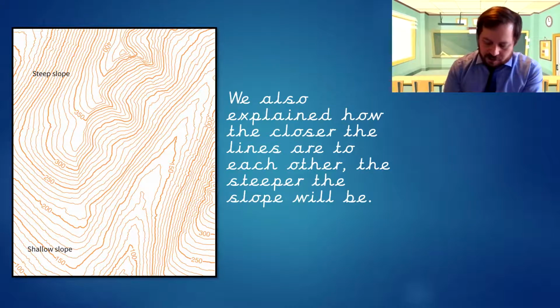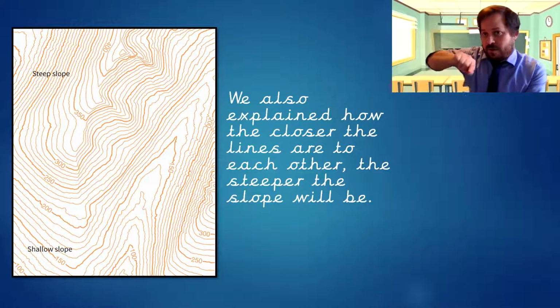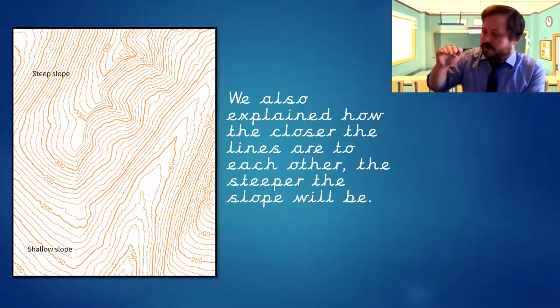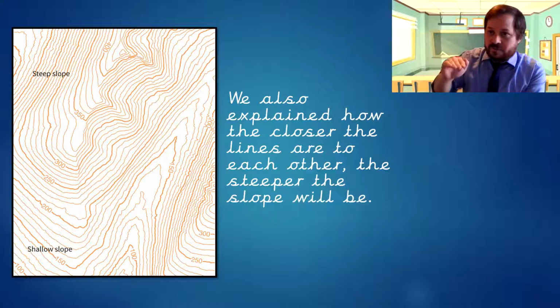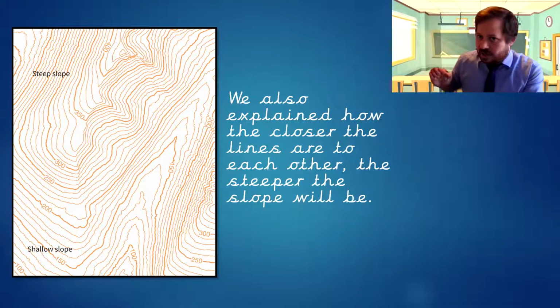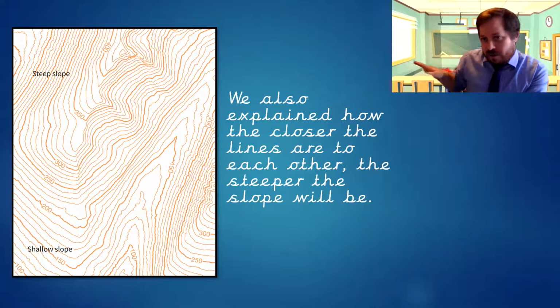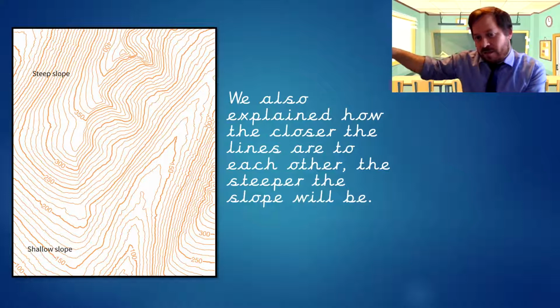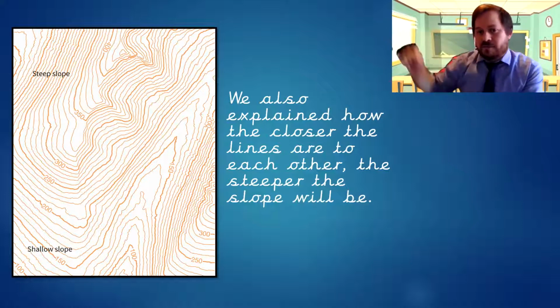So if you imagine the lines being very close together, what you're saying is that you're going up in elevation, from 10 meters above sea level to 20 meters above sea level, very, very quickly. And that means the slope must be very steep to get there. Whereas if it happens slowly, it's happening over time, and you can imagine that the slope is very shallow because the lines are spaced far apart.